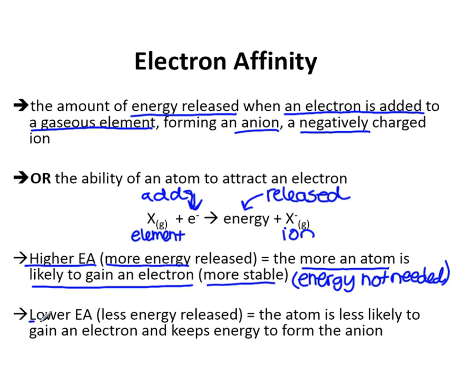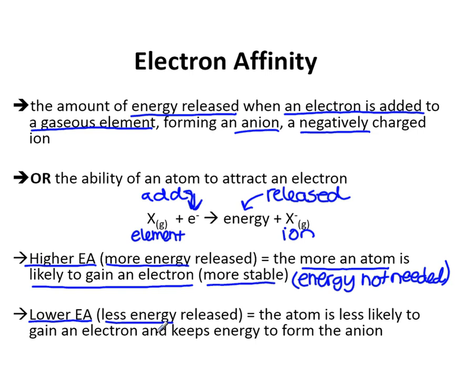Oppositely, if you see a lower value for electron affinity, that means less energy is released. So if you don't give away the energy, that means you need to keep it in the ion. And the ion needs to keep it because it doesn't really tend to want that electron on its own.